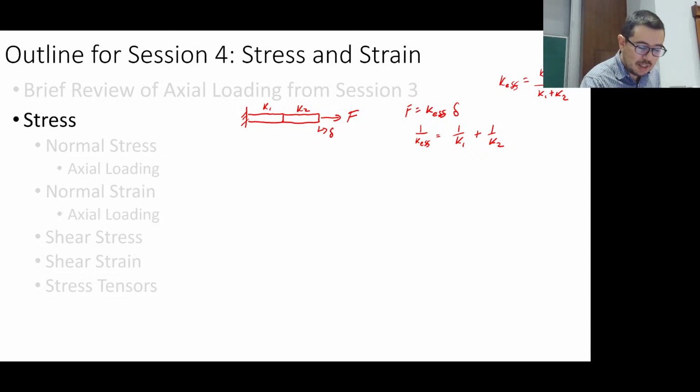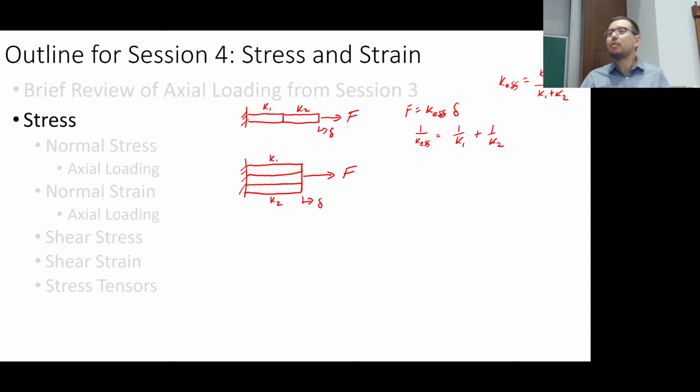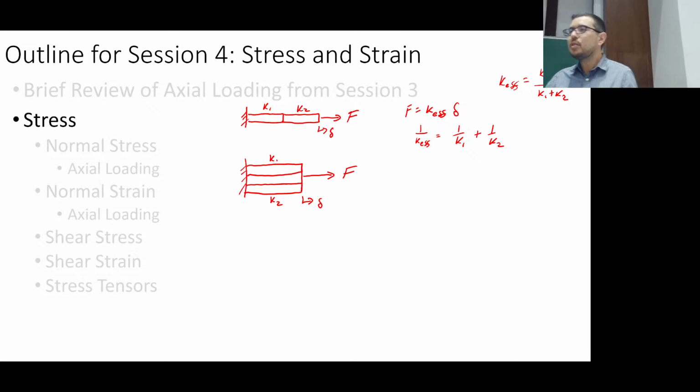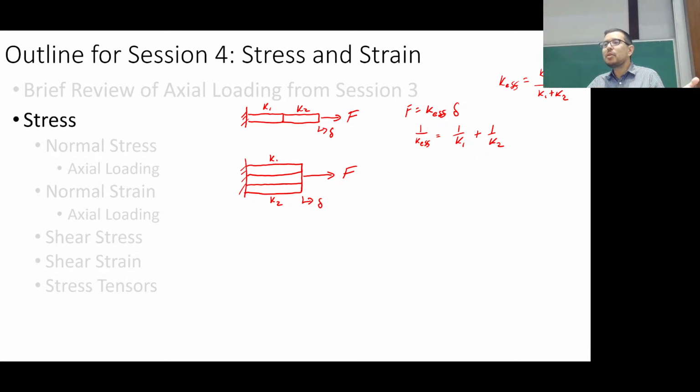You're probably thinking, okay, if I draw this one, and I put a force on it, and I'm interested in the delta, and I have a K1 and a K2, first, are these springs in series or parallel?